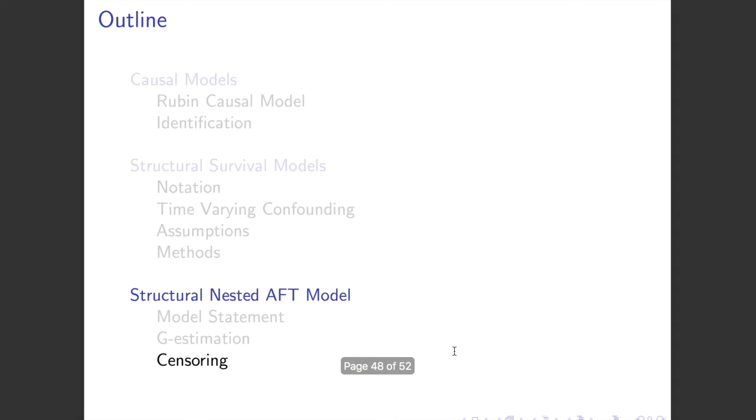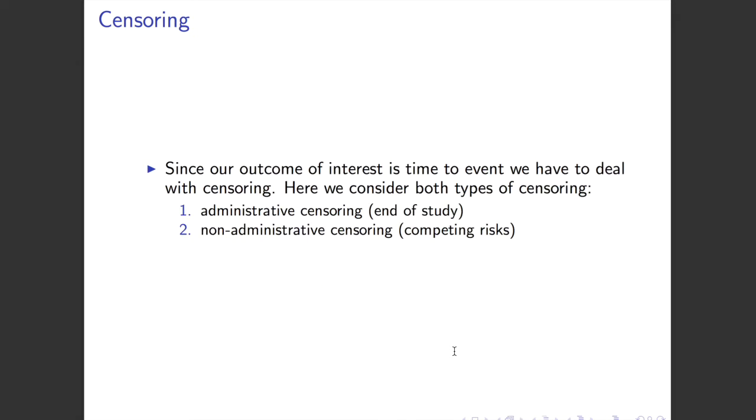But here, because we have time to event data, censoring is obviously a very common problem. So we have to deal with that. We have to consider two types of censoring. The first one is administrative censoring. That means the end of study. So when the study ends, if you are still surviving, we don't know your failure time.